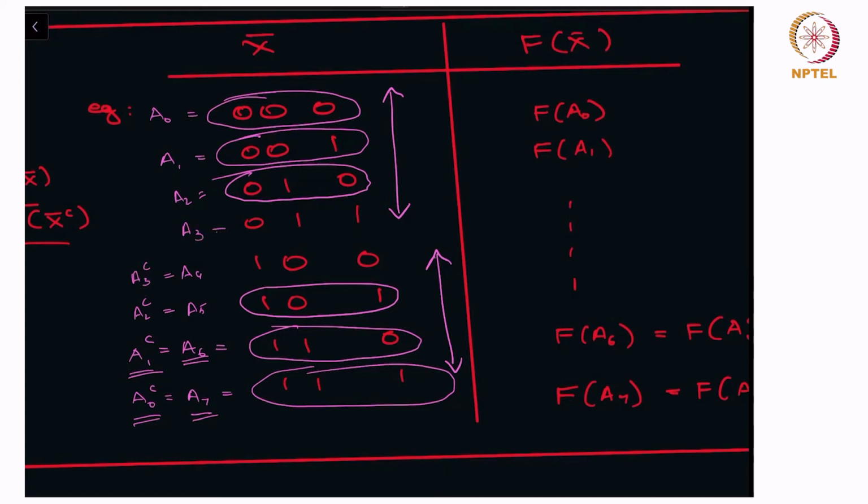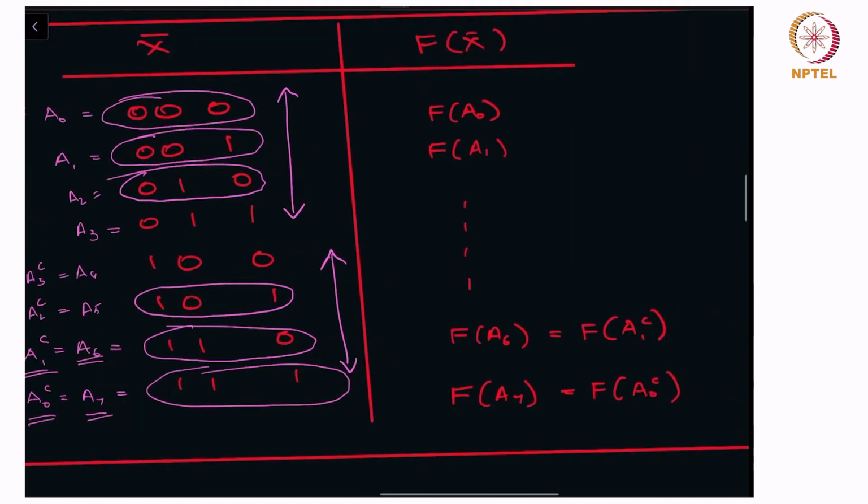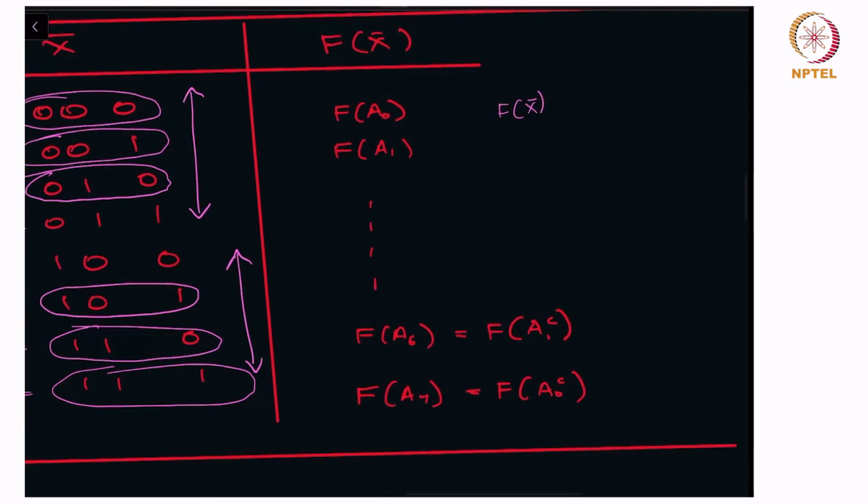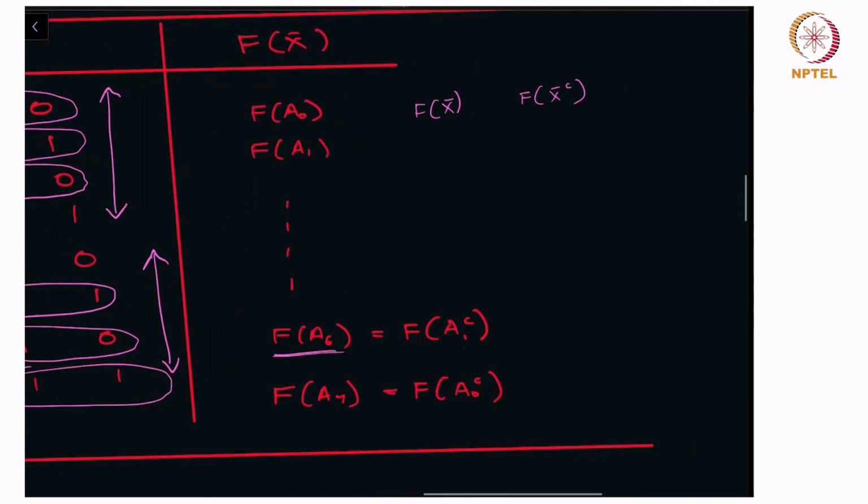So half of the rows are of the form f of x vector for some x vector, and the other half will be f of x vector bitwise complement, right? So this is f of a6, which is f of a1 complement, f of a7, which is f of a0 complement, like that, right?